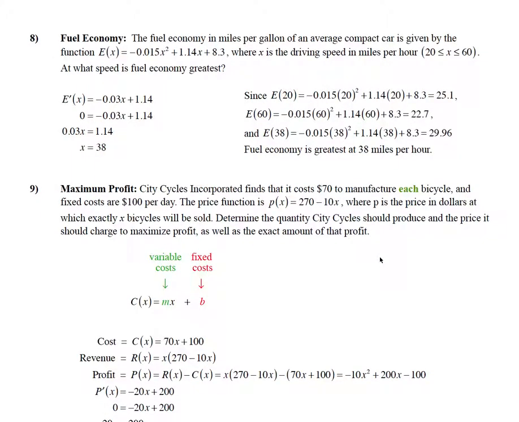Okay, question 8 is going to ask us to minimize or maximize some value. We want to find out what the smallest or greatest value is on a particular interval for a particular function. This function gives us the fuel economy of a compact car.